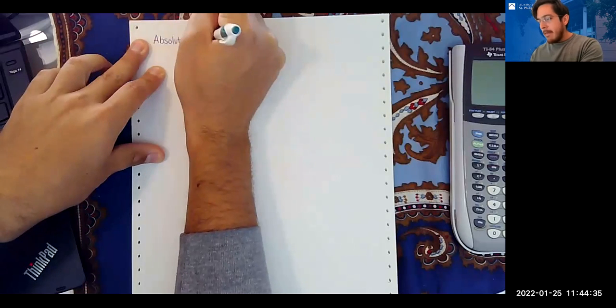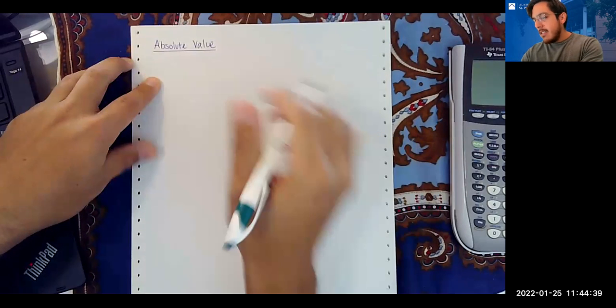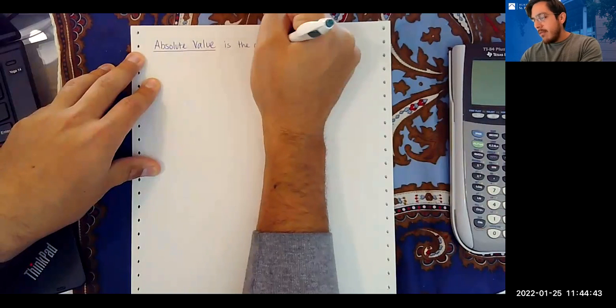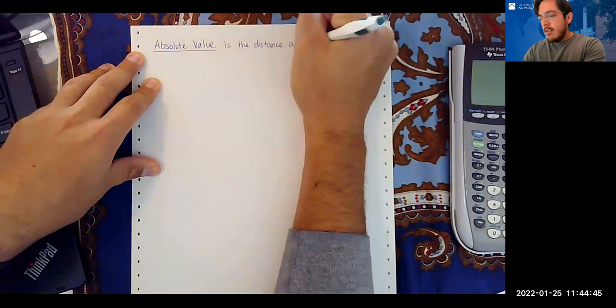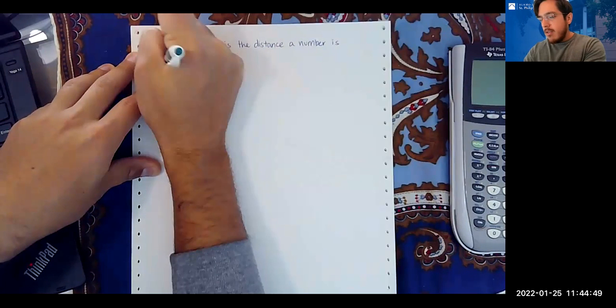Okay. Absolute value is the distance a number is from 0 on the number line.